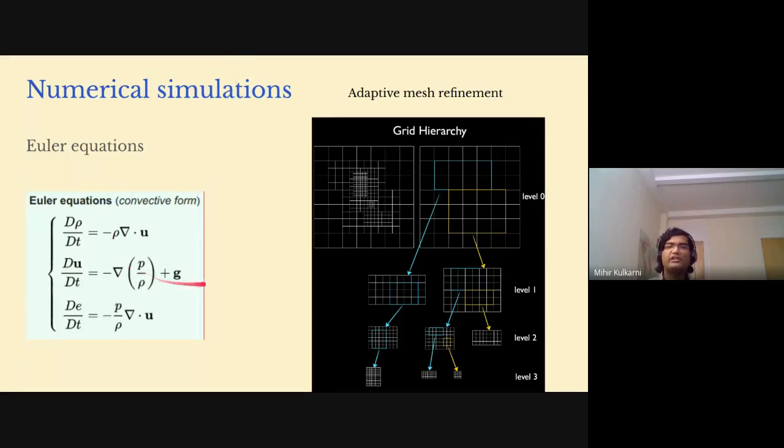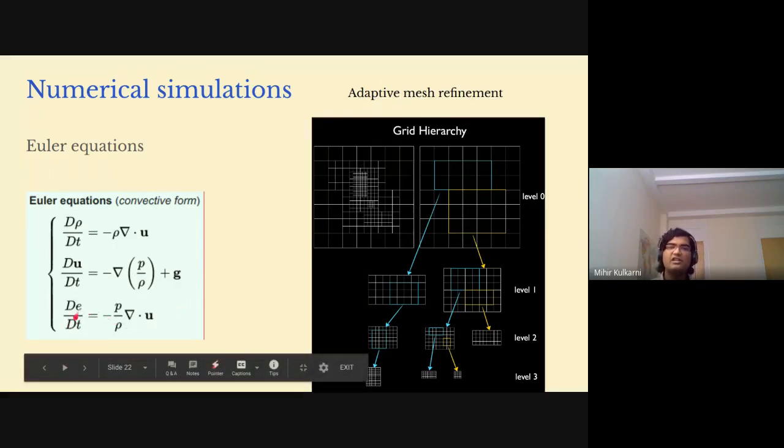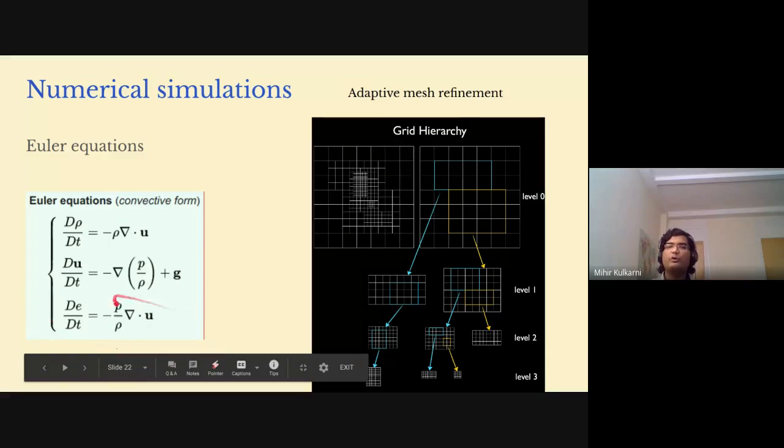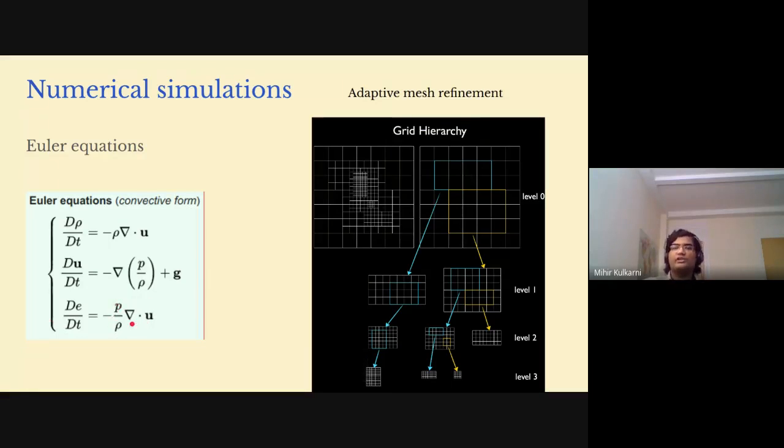The second equation is generalized momentum conservation law, and the third equation, E here, is thermal energy density of the gas. And in here, we can also include terms from the cooling of the molecular hydrogen and neutral hydrogen, as I mentioned, as well as any heating processes that are present.